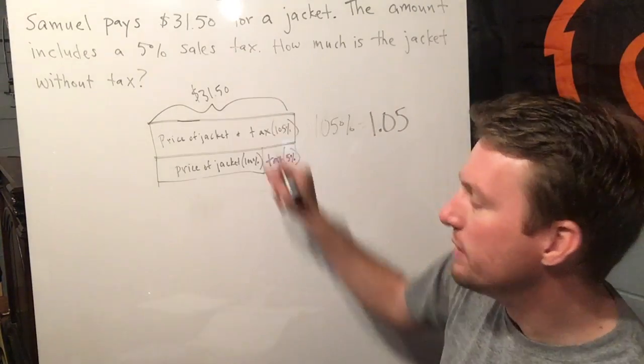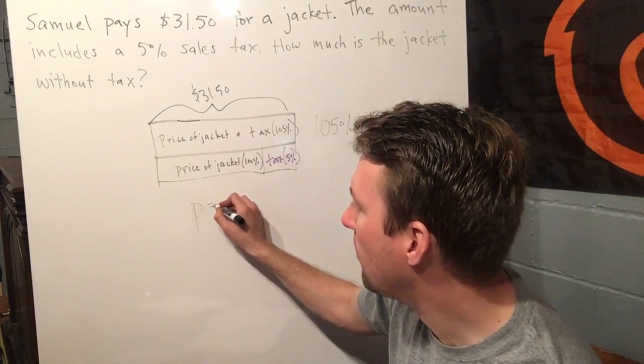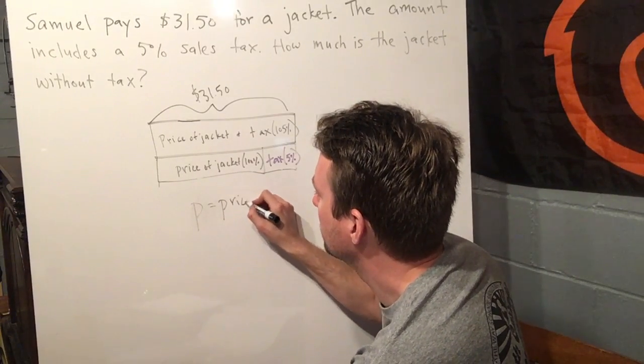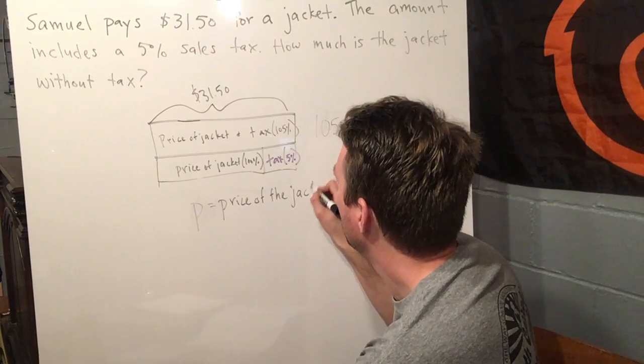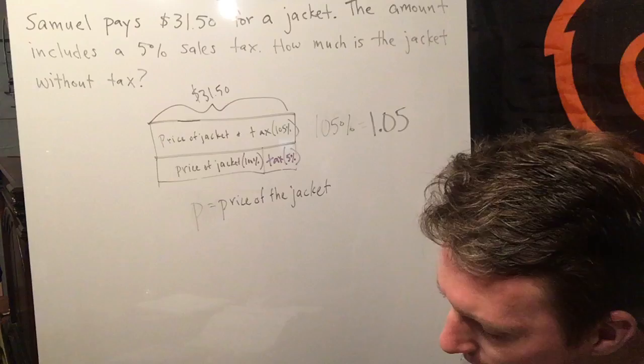Now, as we solve this, we're going to let P equal the price of the jacket. My board is extra wobbly today. P is the price of the jacket.